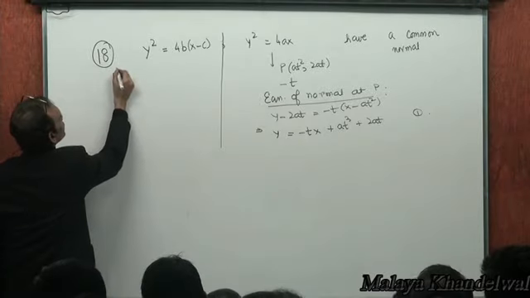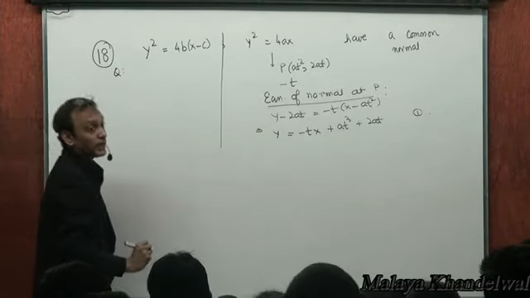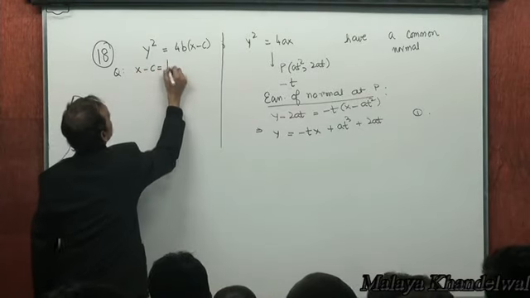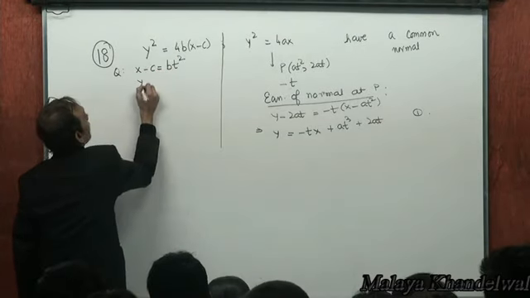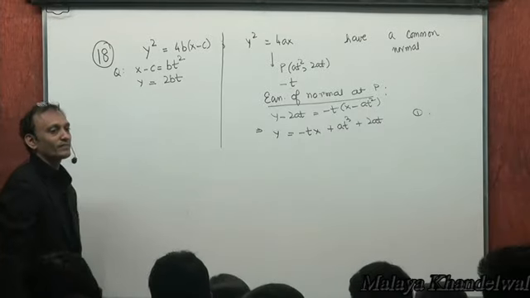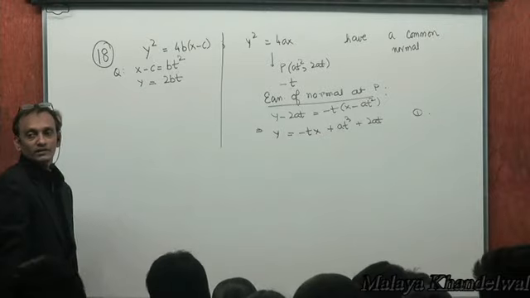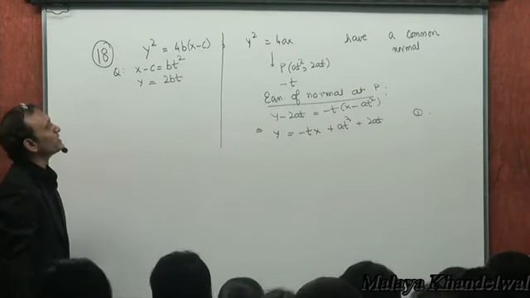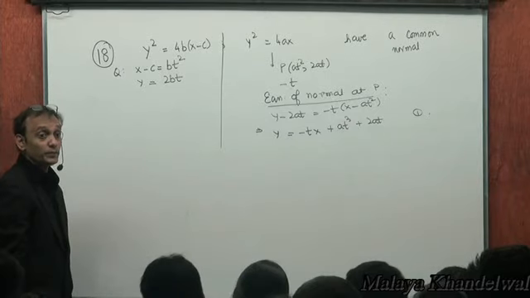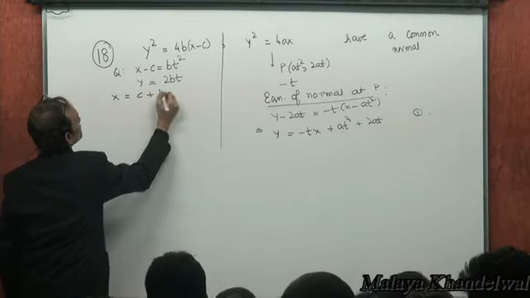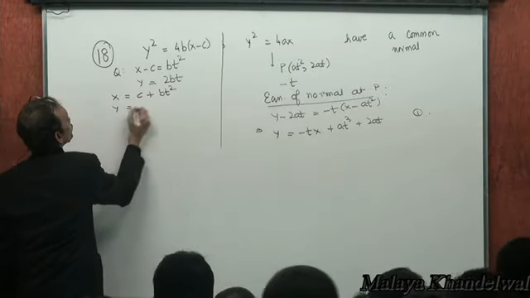Now, let me look at a point q on this parabola. Any point q on this parabola is: x minus c is bt squared and y is 2bt, isn't it? That's a revised parametric condition. That means any point on this is x equal to c plus bt squared, y is 2bt.